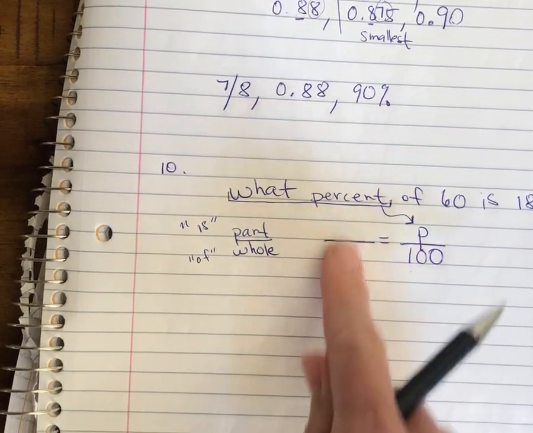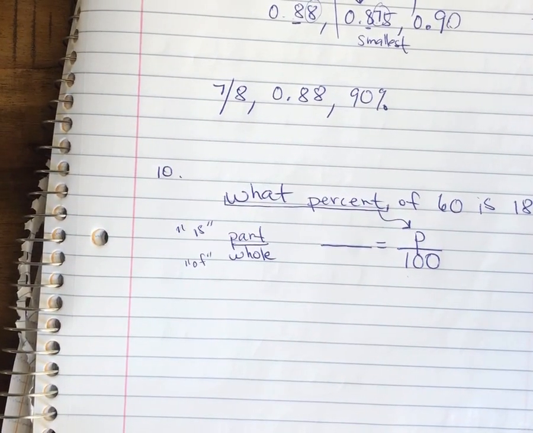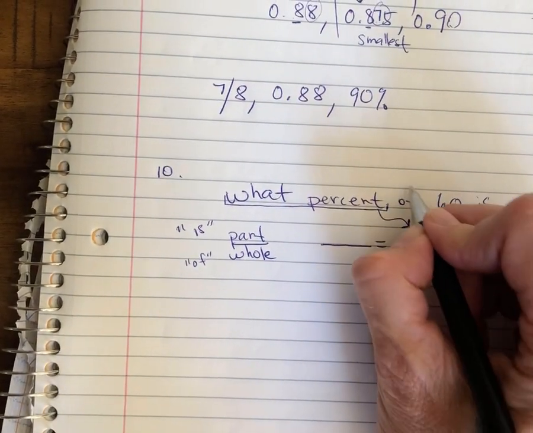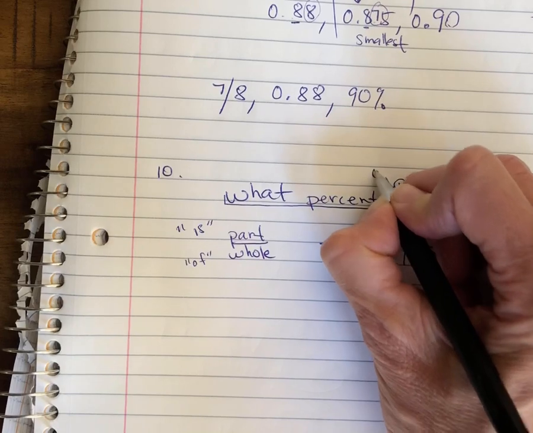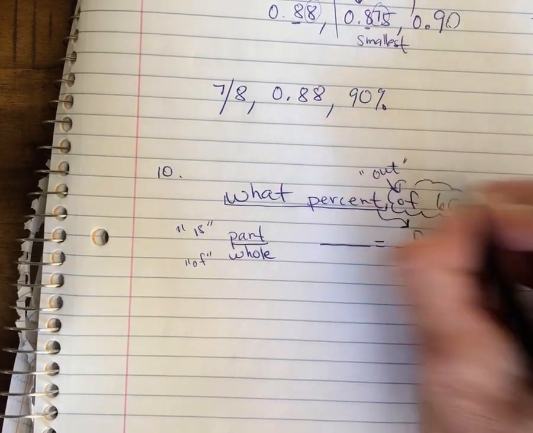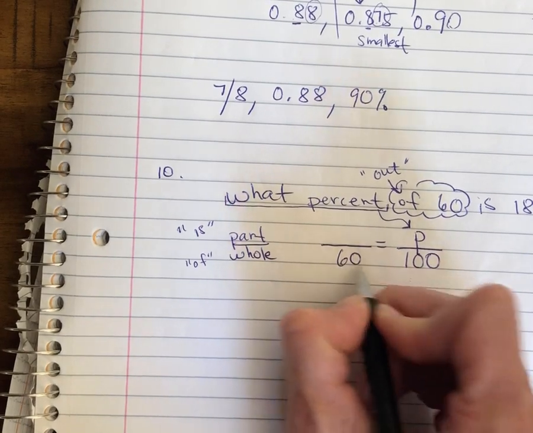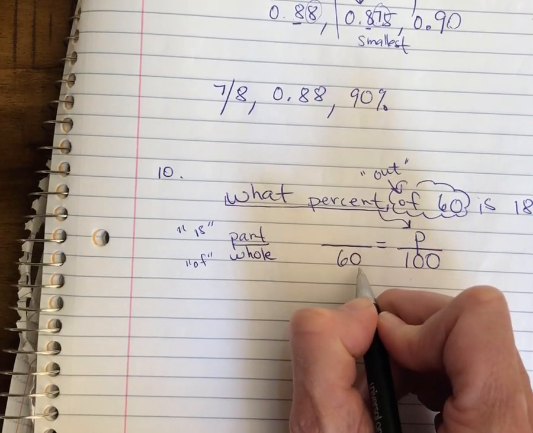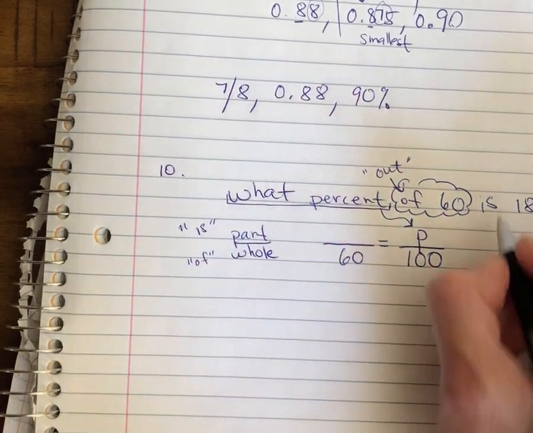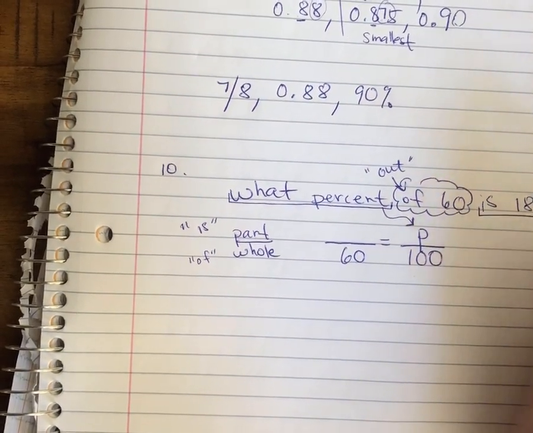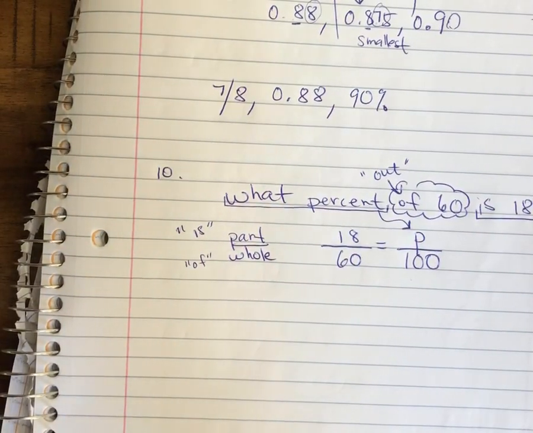You could put it here in the first spot if you wanted, that'd be fine, okay? No big deal. All right, so then I see of 60. Remember, in class, we always talked about that if you had a test out of 60 points, the 60 would go here, okay? It's out of 60, that's our denominator. That's our whole, that's our total. Then the only thing we're left with is 18, which would go in the remaining spot, okay?